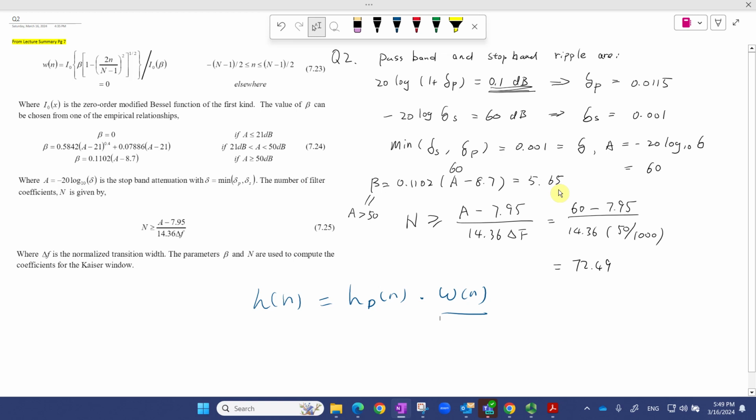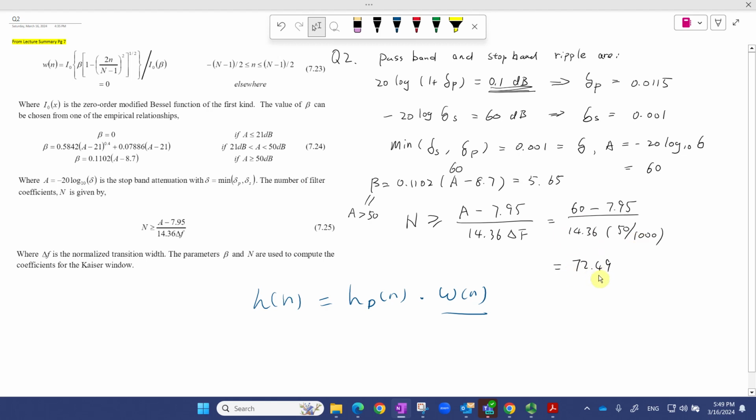Okay, and we can find N with this different equation, 60 minus that, divided by the normalized, what's that called? Delta F is the normalized transition width. Okay, so 50 divided by 1000, and you get this N.